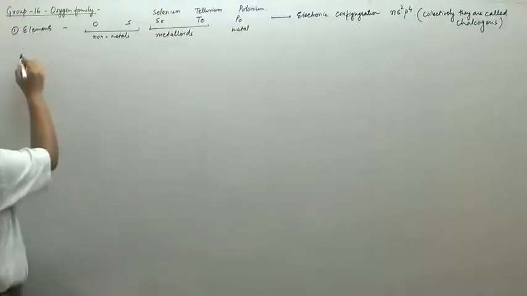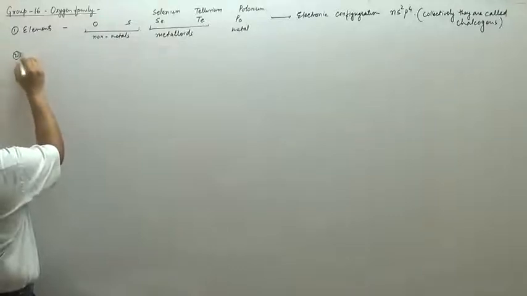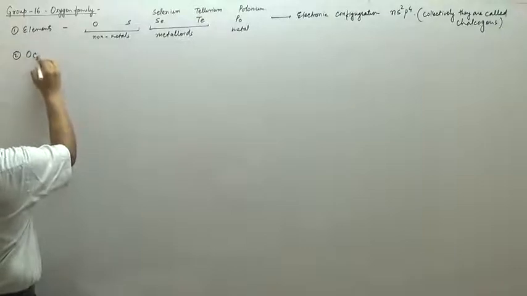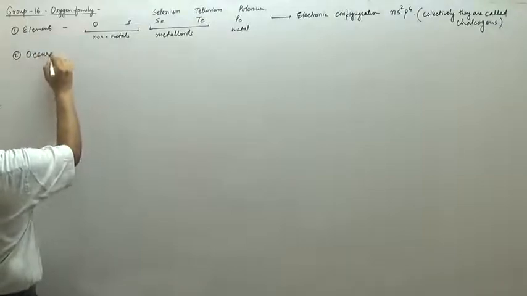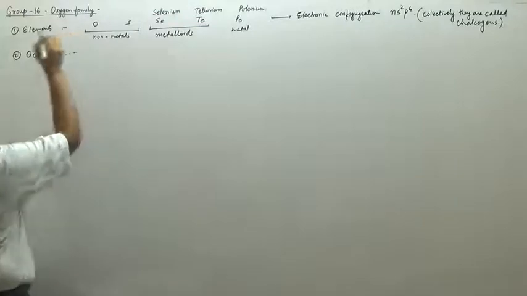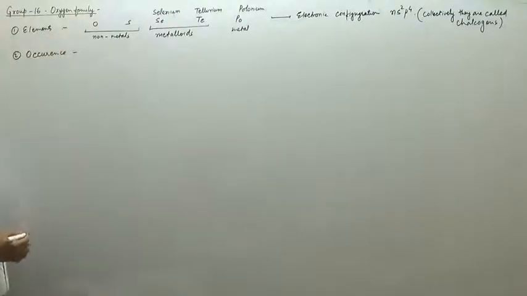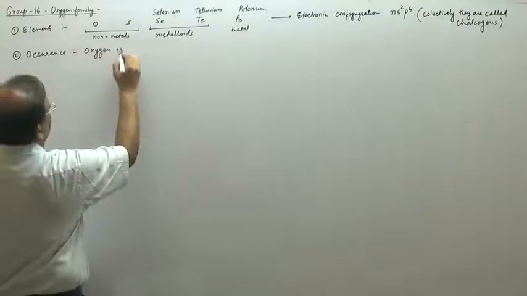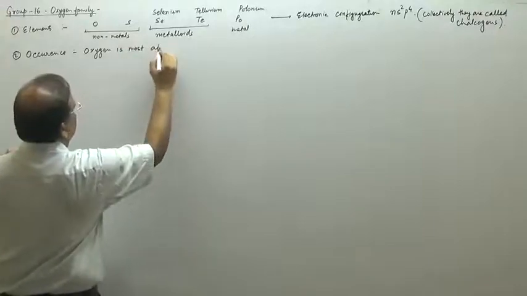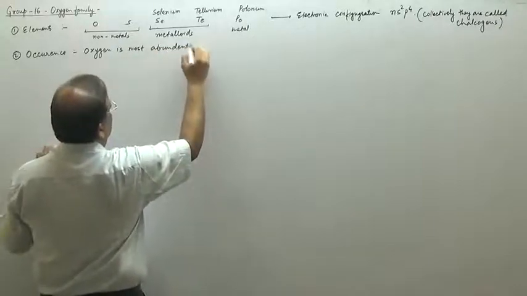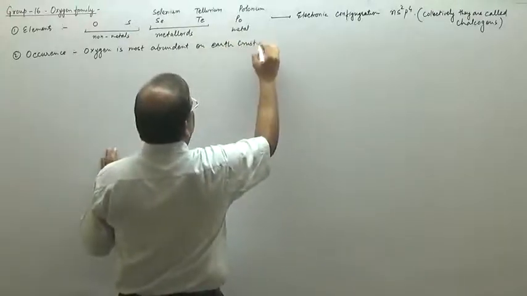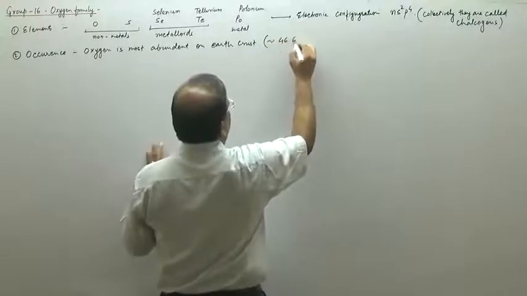Now, their occurrence. If we talk about the occurrence of these elements, oxygen is the most abundant on the earth crust, around 46.6%.